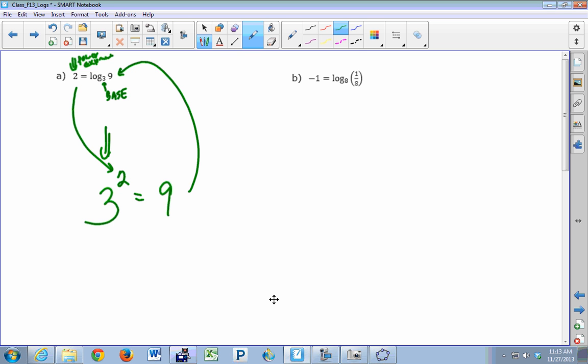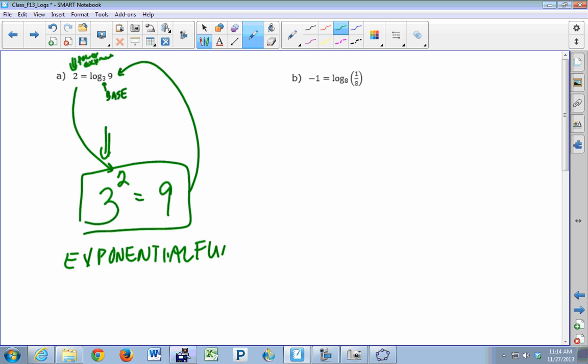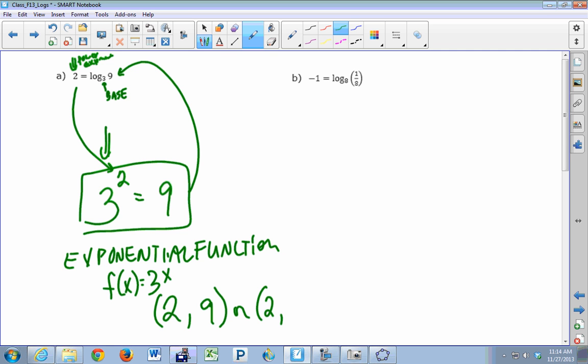So if you were playing a little game on a graph, if you started with your exponential function, your exponential function would be 3 to the x. And if you put 2 in, your output would be 9, or 2 comma 3 squared.